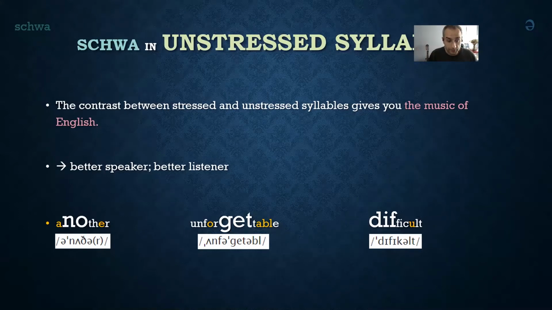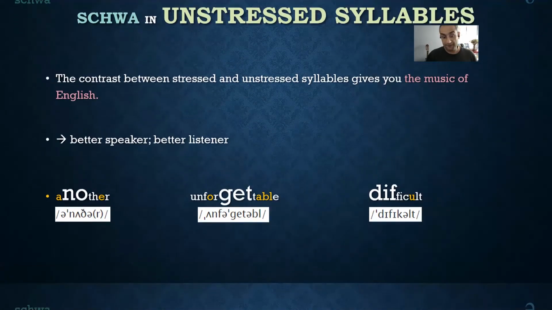I don't know if you remember, but this is how you show stress, right? With the little mark up here and then up here, unforgettable, unforgettable, all right? Difficult, cult. You see schwa? You see all these schwas in here? All right? Schwa's everywhere. It's everywhere.